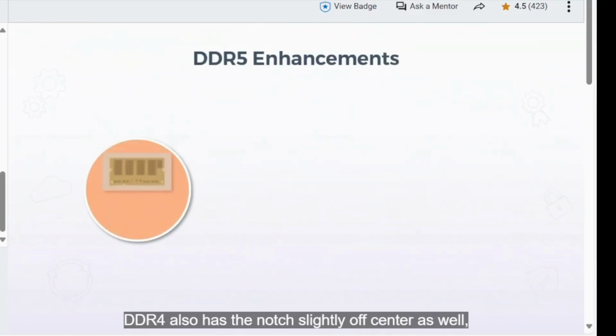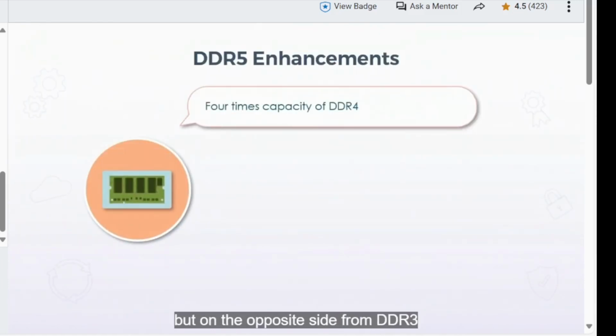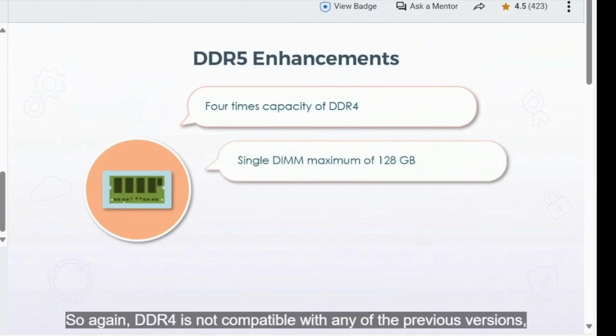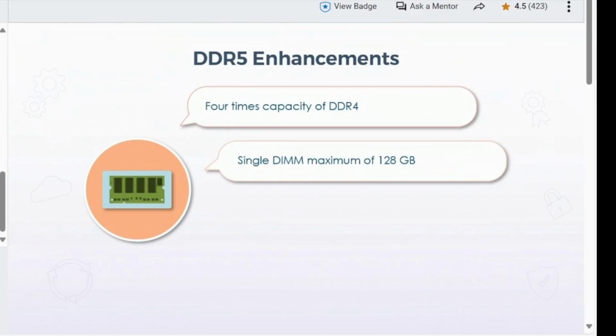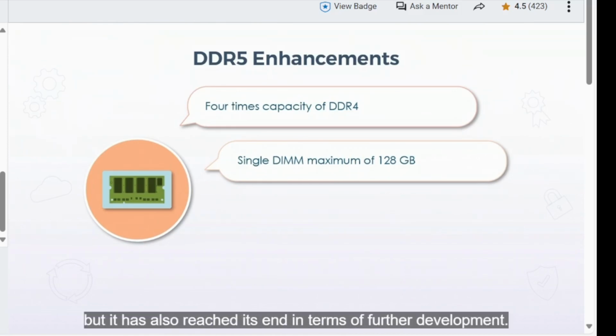In terms of the capacity for any single module, it quadruples its predecessor, supporting up to 128 gigabytes. But again, recall that this value is for a single DIMM, and almost all DDR implementations require two modules in a dual-channel configuration. So in that regard, the practical maximum value for a dual-channel system is 256 gigabytes.